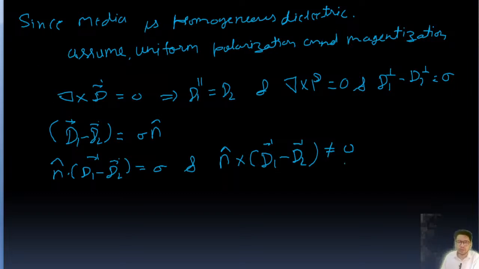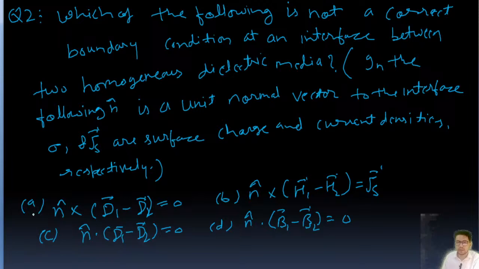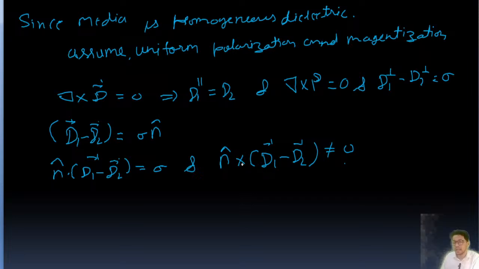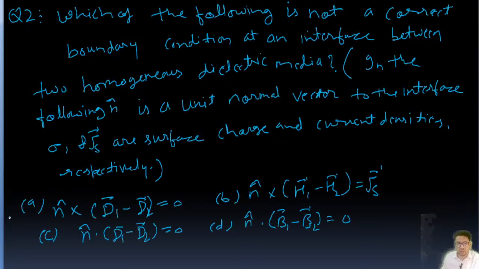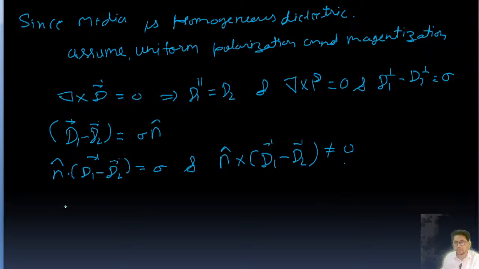So in option A you can see it is given n cap cross d1 minus d2 equal to 0, okay. But from here we can see that n cap cross d1 minus d2 cannot be equal to 0, means option A is the correct option. This is not the correct boundary condition, okay. So option A is the correct option, okay.